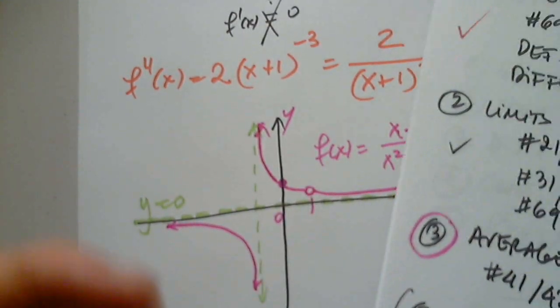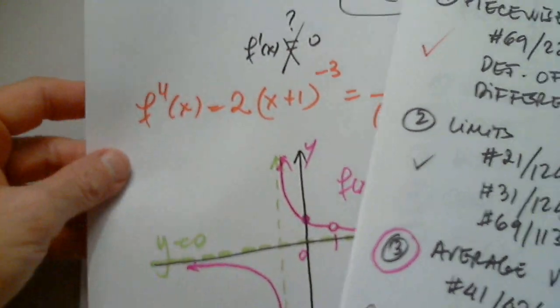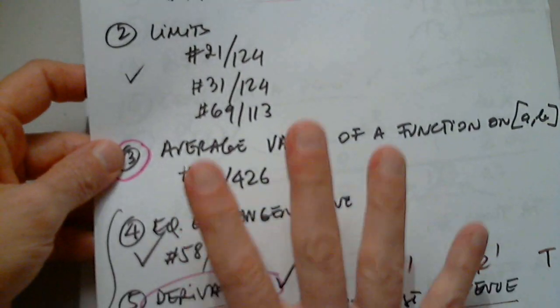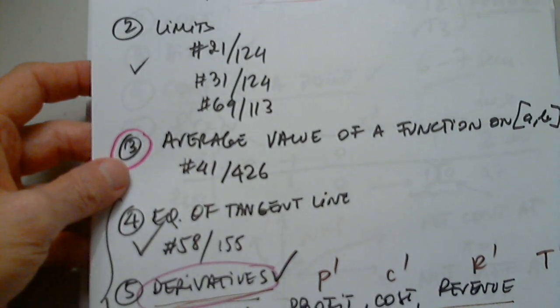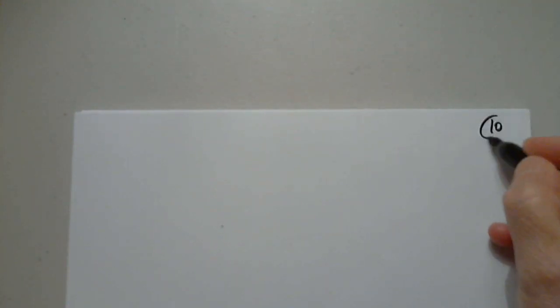Is anything that we need to review from the material from chapters? I don't have here. I do have this, but I don't have anything else from chapters 4, 5, and 6. Is there anything from 4, 5, and 6 that you would like to review? Any particular topic from 4, 5, and 6?